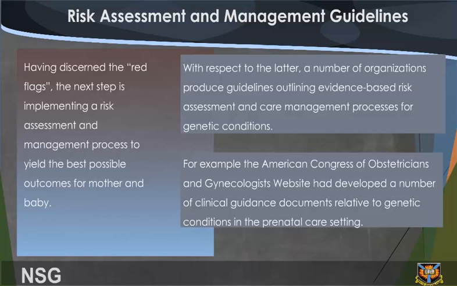With respect to the latter, a number of organizations produce guidelines outlining evidence-based risk assessment and care management processes for genetic conditions. For example, the American Congress of Obstetricians and Gynecologists website has developed a number of clinical guidelines documents related to genetic conditions in the prenatal care setting.